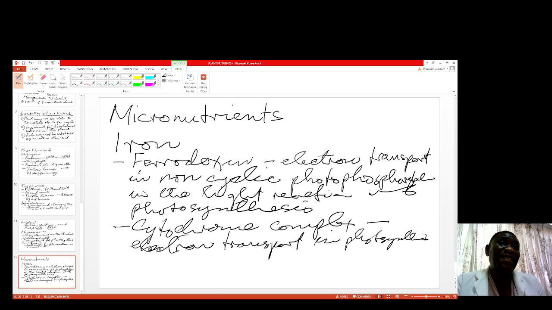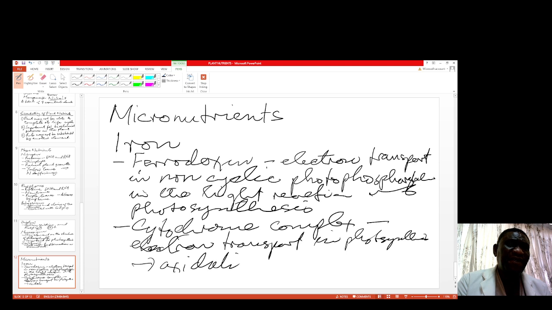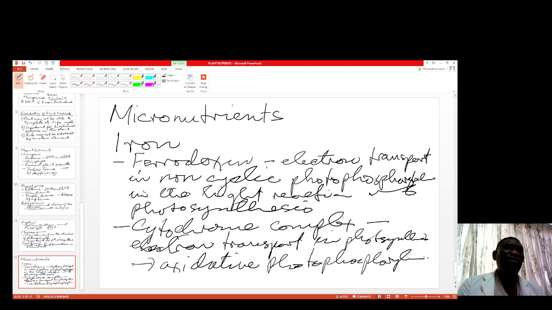It's also found in the oxidative photophosphorylation, I think, in respiration. Right, so iron plays a key role. If it is absent, there could be serious problems.